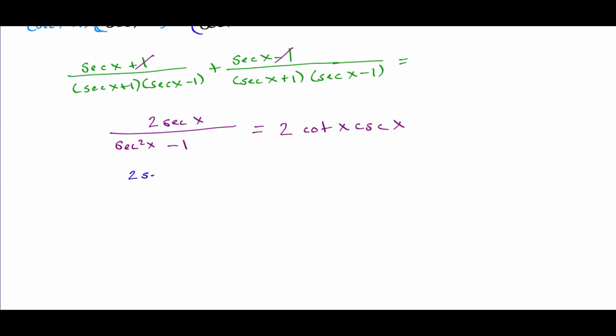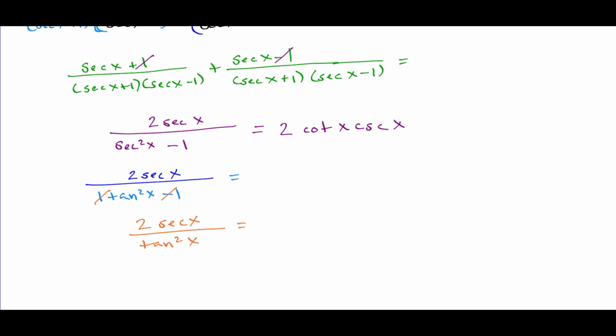So I've got 2 secant x, and then I'm going to substitute in for secant squared x, 1 plus tangent squared x, and then I still have the minus 1 here. So then here the plus 1 and the minus 1 are going to cancel out, and we have 2 secant x over tan squared of x. So this is looking better.